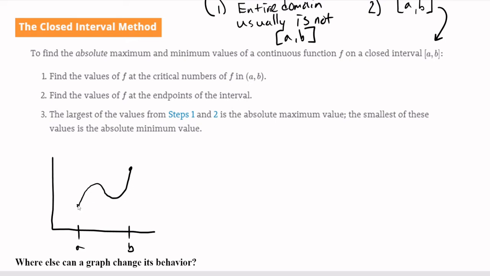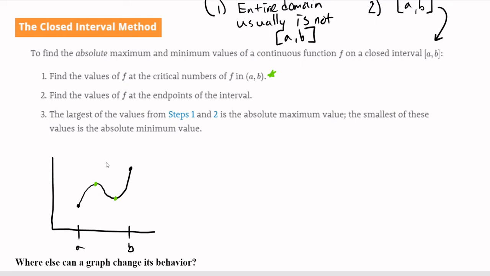Let's say this is our function. So step 1, find the values of f at the critical numbers of f in a to b. What does that mean? It means give me all the possible local maxes and mins. Here's one. Here's one. So this is step 1 in green. Go find those and tell me actually what the values of f are there. Okay?